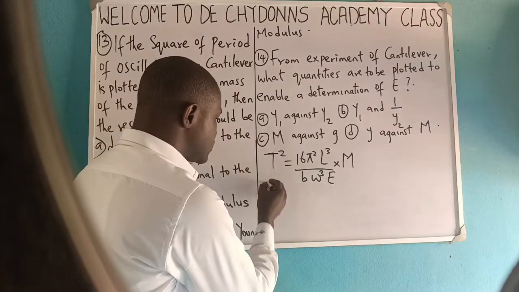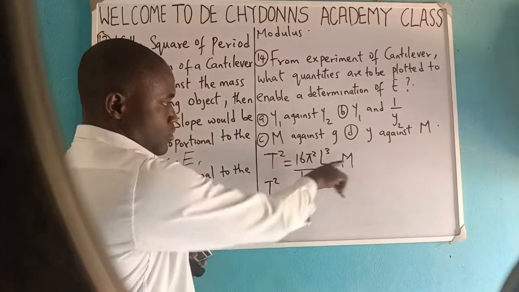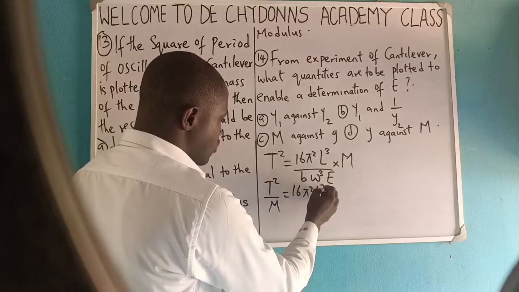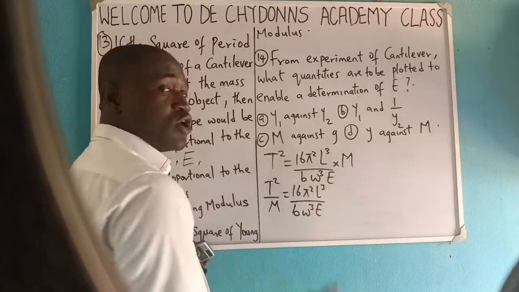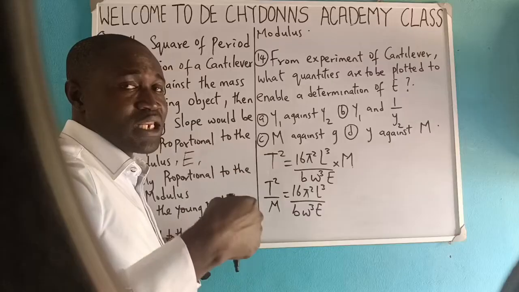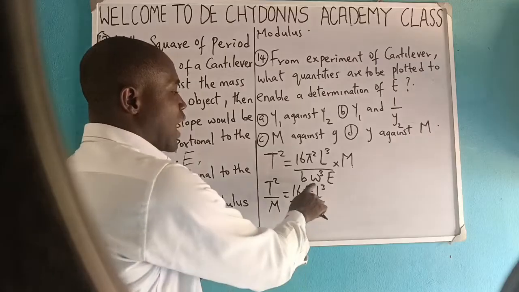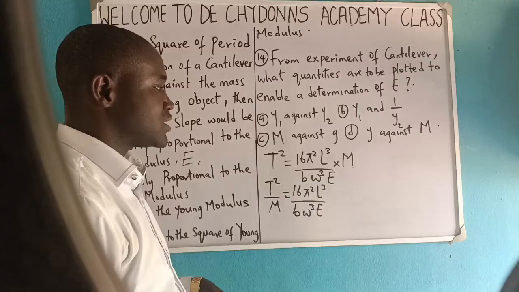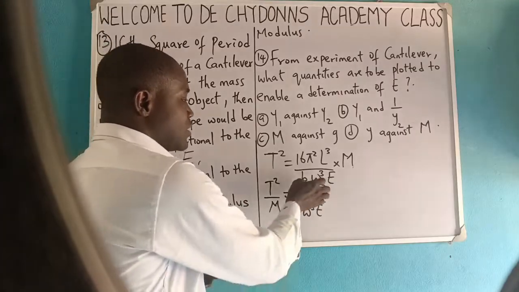That means we have T squared over M equals 16 pi squared L cubed all over b w cubed E, where E is the Young modulus, L is the length of the meter rule, b is the breadth of the meter rule, and w is the thickness of the meter rule.